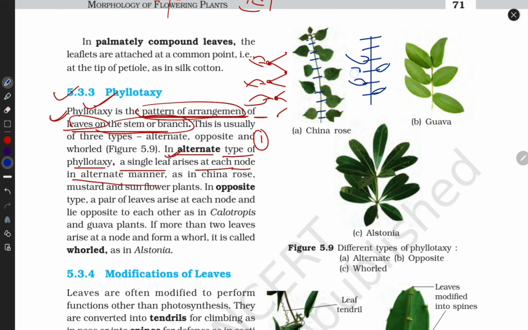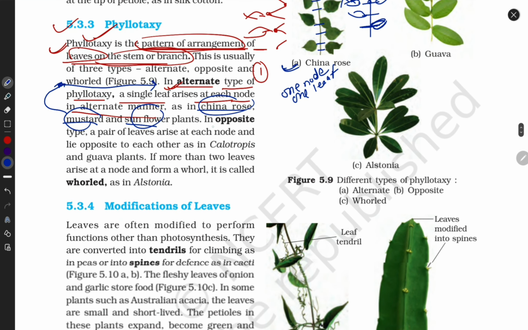Not both nodes give rise to a leaf. At one time, one node contains only one leaf. Examples are China rose, mustard, and sunflower. These plants' leaves show which kind of pattern? They show alternate pattern.